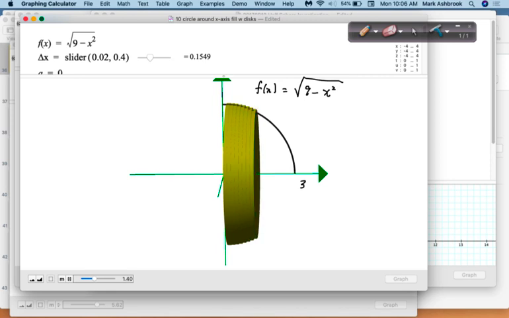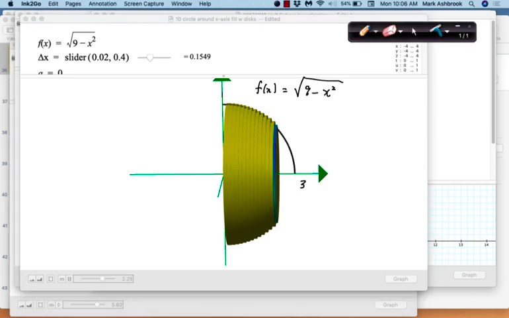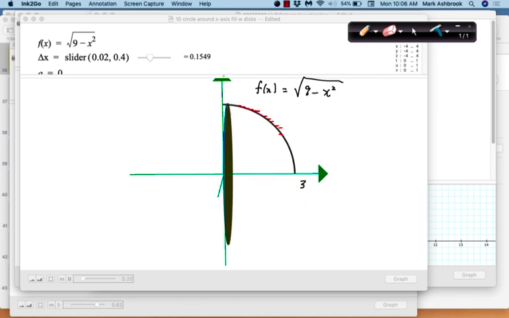So what are we doing? We're adding up all these little horizontal pieces. Do you see that what we're accumulating is all these little horizontal pieces, right? And even when the cylinders or the rings get really, really small, we're still adding up a bunch of little teeny horizontal pieces.